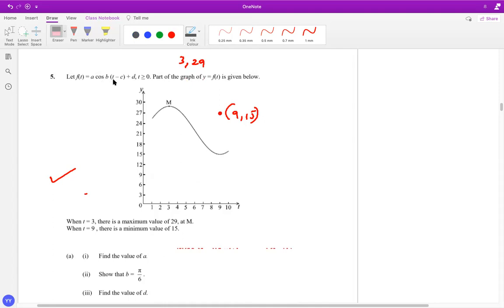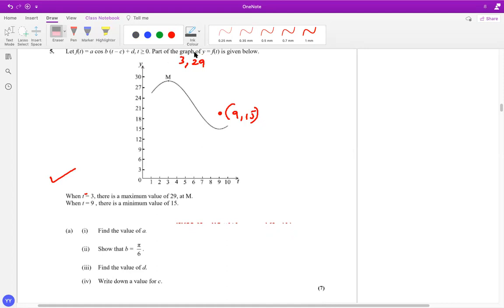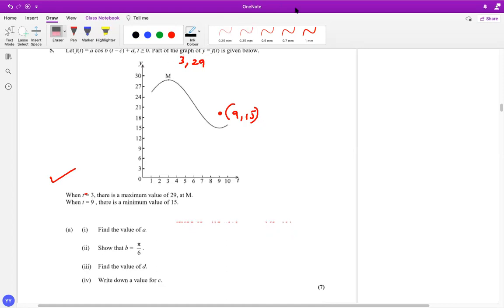They say that this is a cosine model, a cos(b t minus c) plus d.